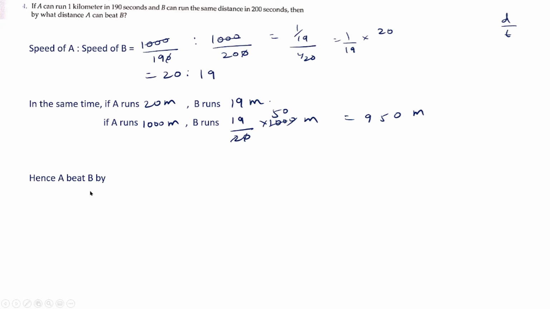Hence, A beats B by 1000 minus 950 equal to 50 meters. So this is the distance by which A can beat B.